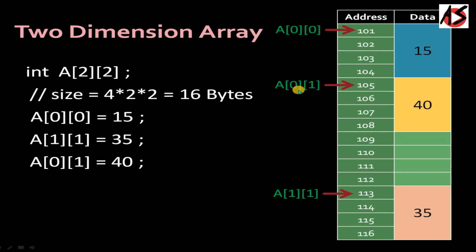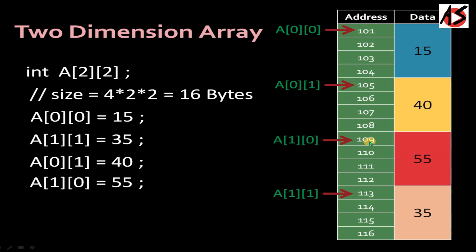From 105 onwards we store the 40, and the next element, A10, that is 55, will be stored from 109. So we store all elements with jumps of 4 bytes, and so on. So we have A00 here, A01 here, A10 here, and A11 here.